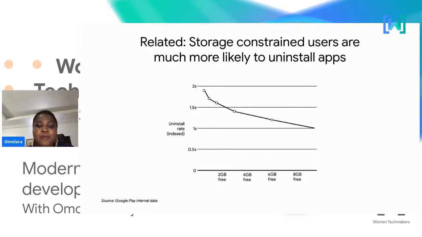So obviously, when you are hit with this kind of error from Play Store, the only thing you can do is probably uninstall some apps on your phone, or clear some redundant images, photos, chats, and media on your phone, or you just don't install the app anymore. So this particular storage issue has led to uninstalls for several applications, because users will definitely prefer their storage space over any app, especially if you are not providing value to them at that time.